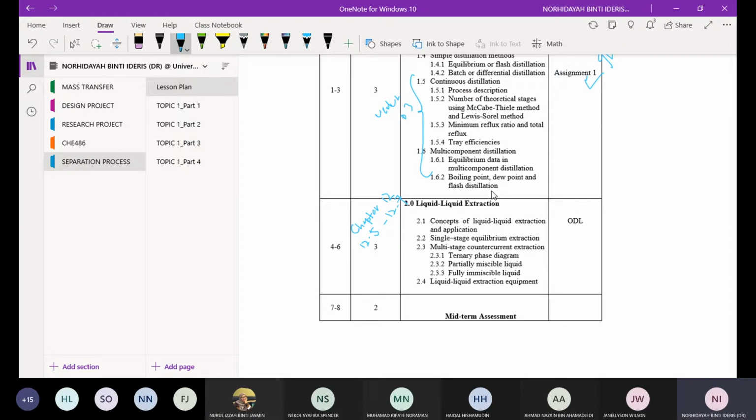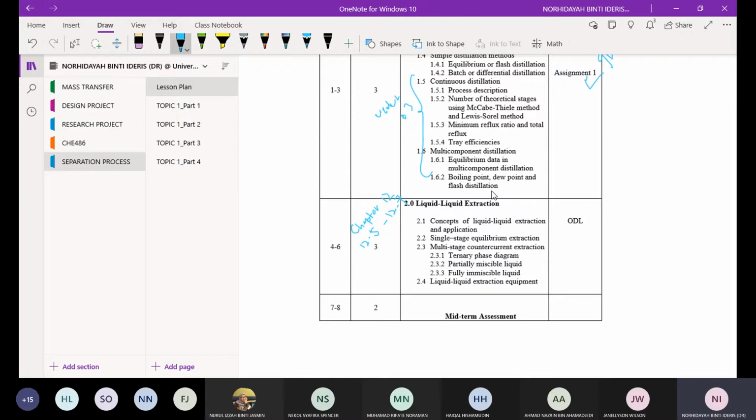You pun boleh buka punya soft copy ataupun you punya buku. Okay, under the subtopic single stage liquid extraction. Okay, so it will cover, we're gonna learn on how to extract this thing sampailah 12.7. Alright, 12.7 apa dia? Continuous multi-stage countercurrent extraction.